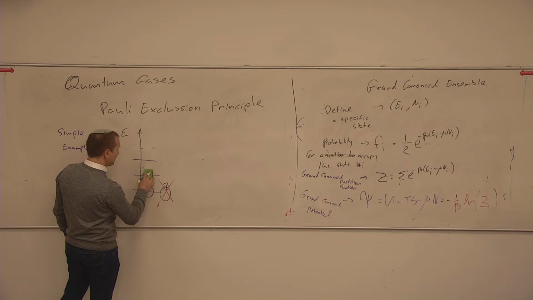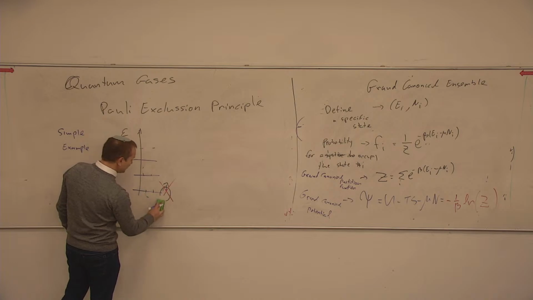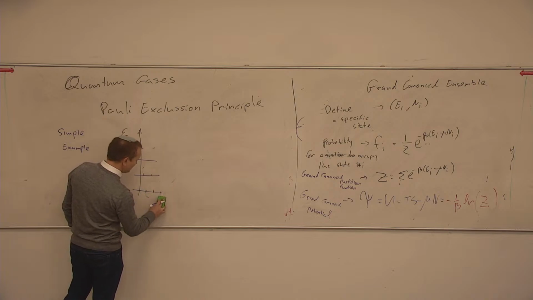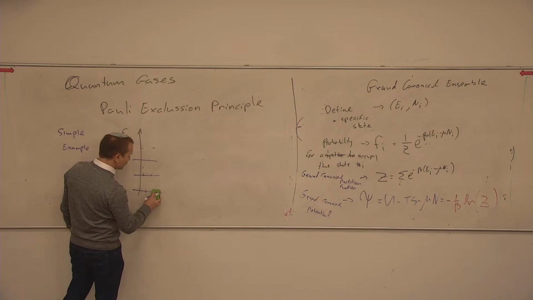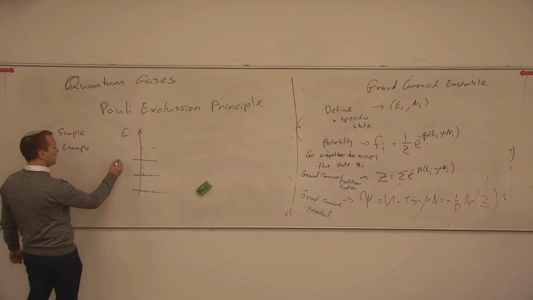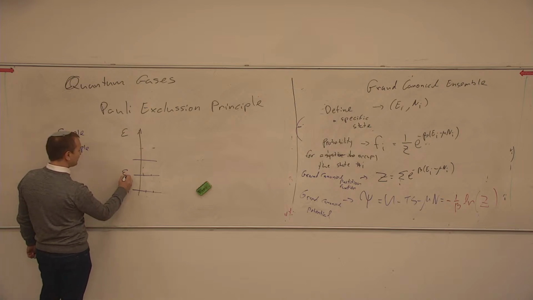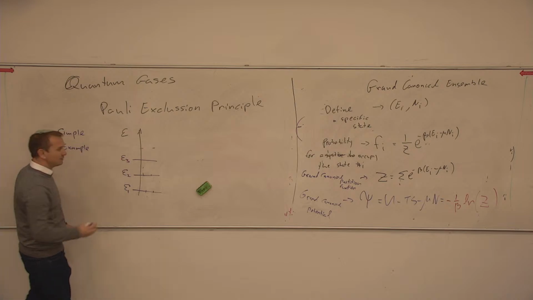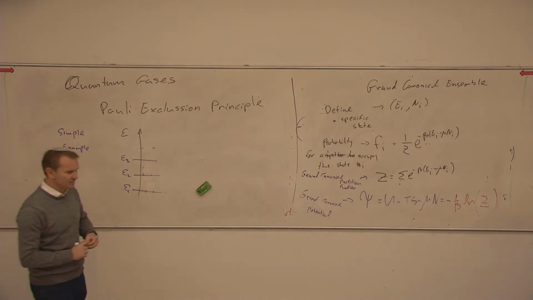I have three energetic levels, okay? And I have non-interacting fermions that can have a spin 1/2 or -1/2. Okay? So I have epsilon 1, epsilon 2, and epsilon 3. So I have three energetic levels in my system. That's it.